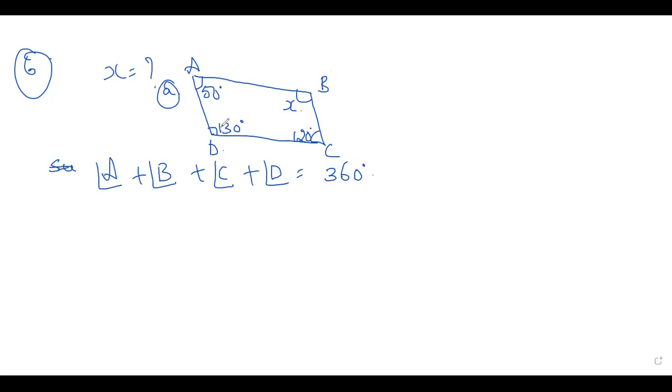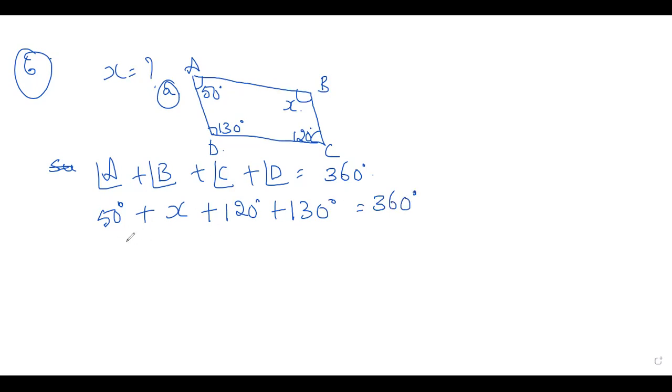The sum of all the angles of a quadrilateral is 360 degree. What is angle A here? It is 50 degree. Just substitute. Angle B is x, C is 120 and D is 130 degree. That is equal to 360.